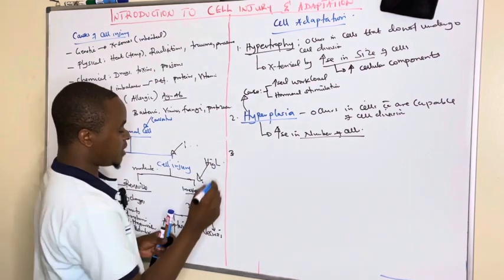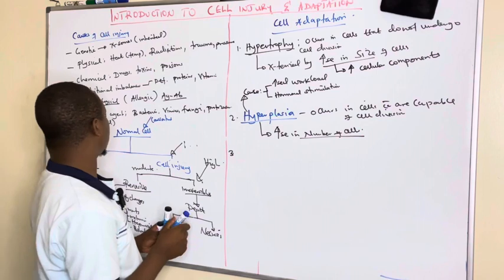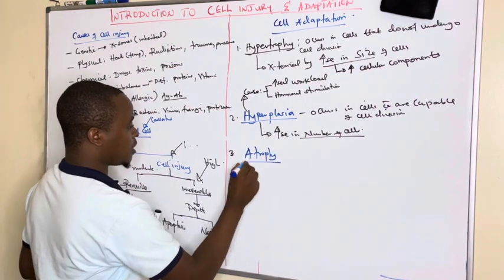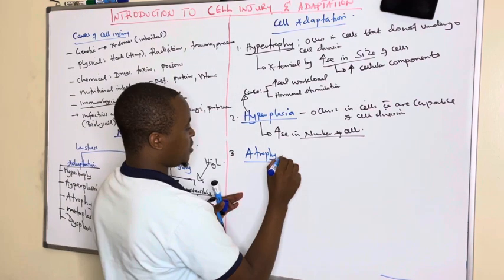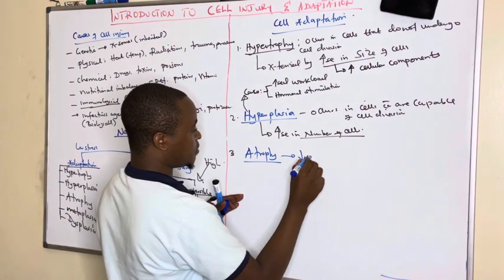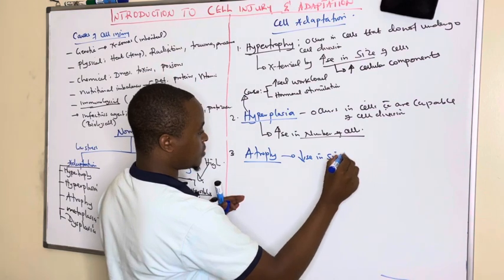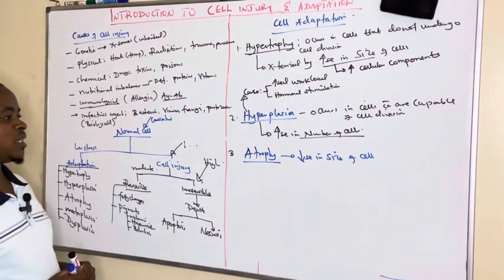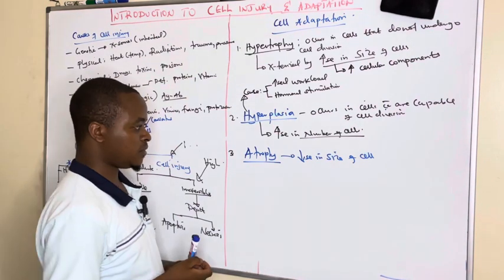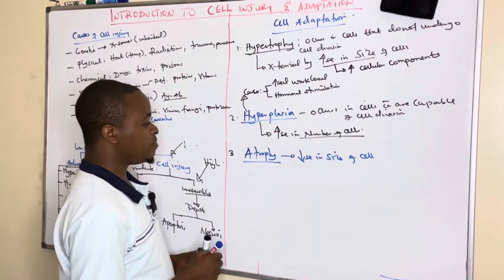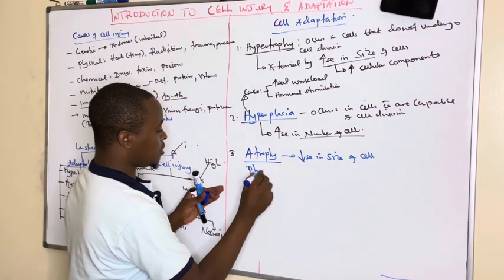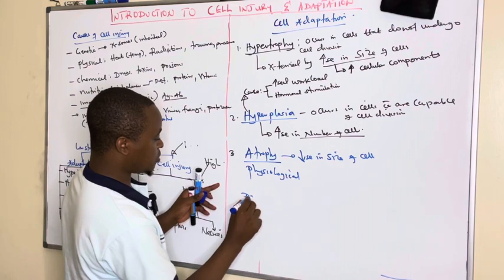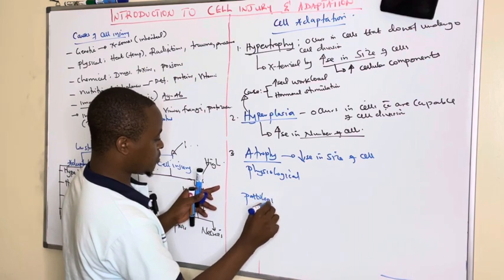Then the third one we can discuss is atrophy, whereby atrophy is a decrease in size of cells. We saw hypertrophy was an increase in the size of cells, but this one is a decrease in size. And this atrophy can either be physiological or pathological.